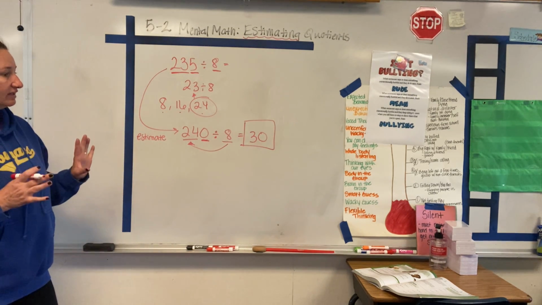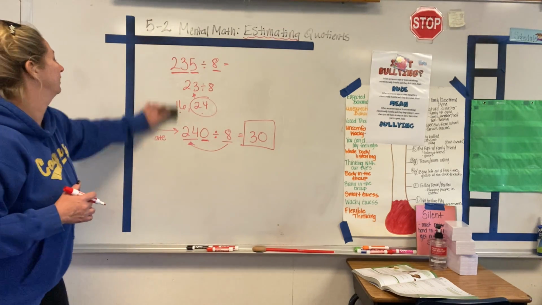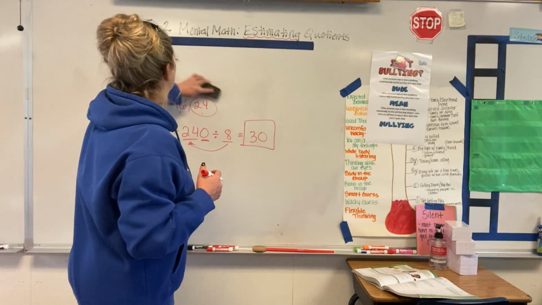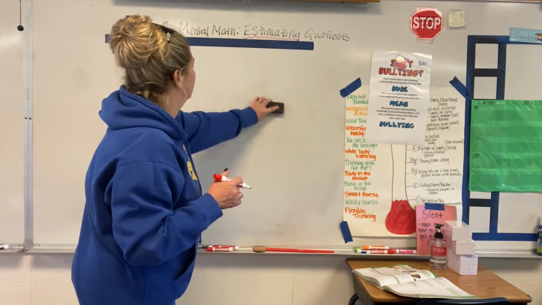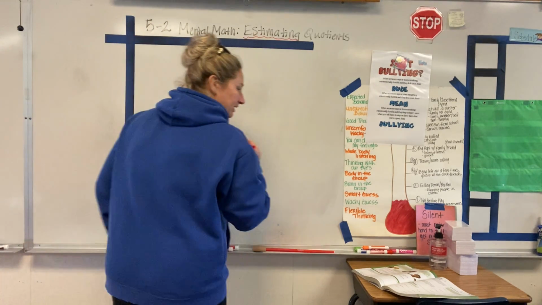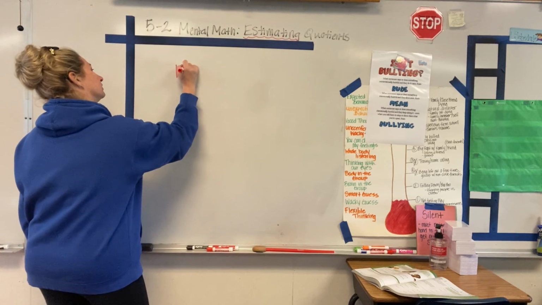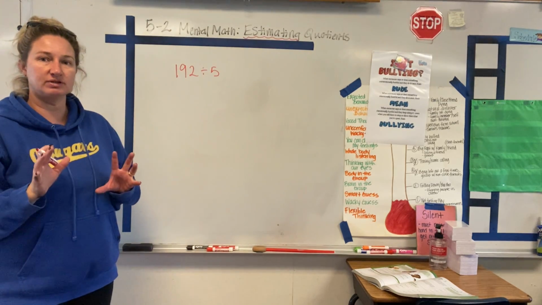So we're going to erase this. Try another one. Okay, 192 divided by 5. I'm going to try to take out some of the busy work here.